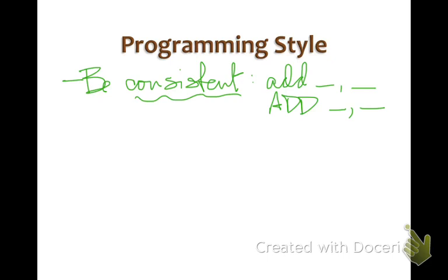Most of the time, I'll tell you, for opcodes, I use lowercase. For labels, I'll use uppercase, just to make the code a little bit easier to read as I go through it. Second thing, we want to make sure our code lines up. Again, readability in assembly language is even more critical than it is in a high-level language. High-level languages are easier to read, assembly language not as much. So let's line it up. So use tabs.